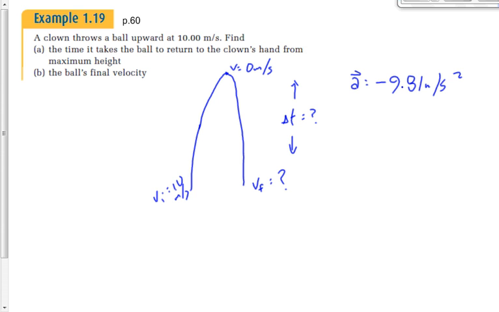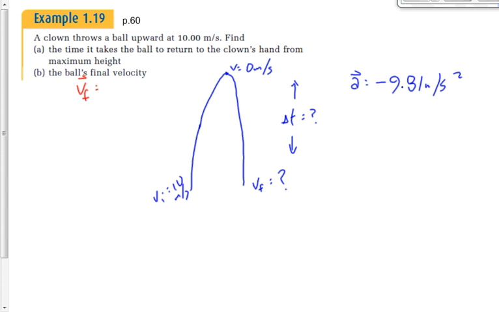Let's find a shortcut for this. Let's think about this for a second. If it starts at 10 meters per second upwards, then it slows down at 9.81 and stops, and then it speeds up at 9.81, the same acceleration over the same distance, then what's the final velocity going to be?